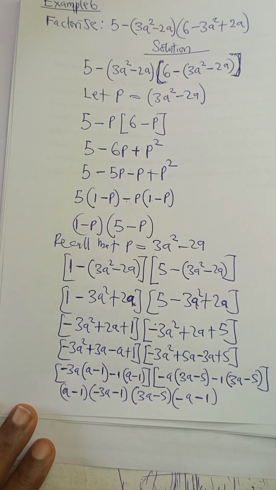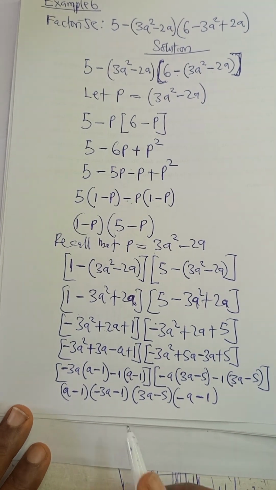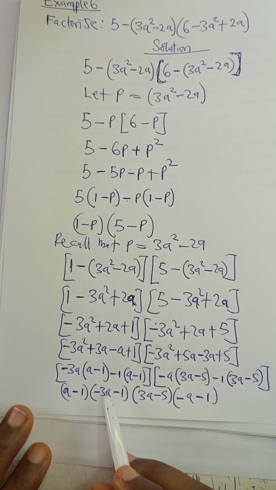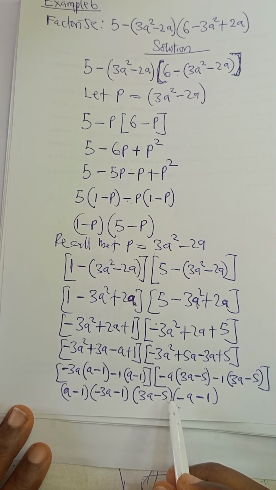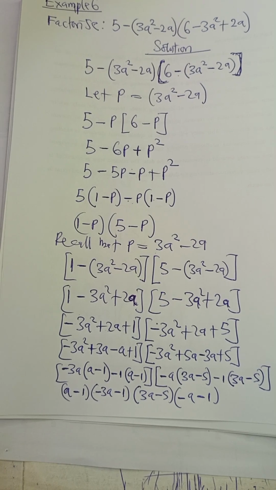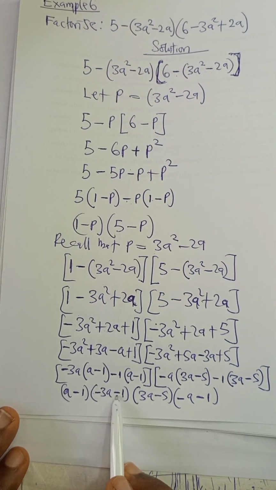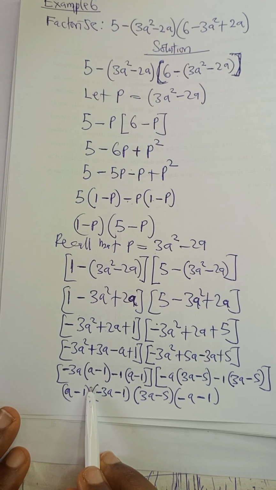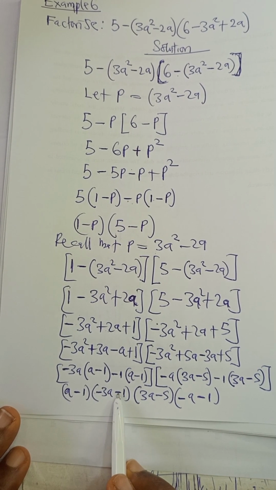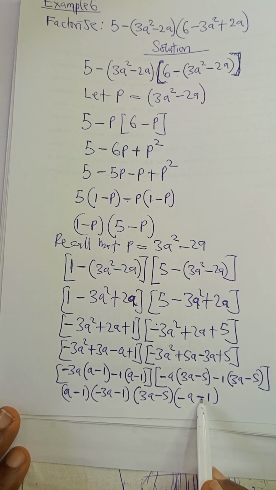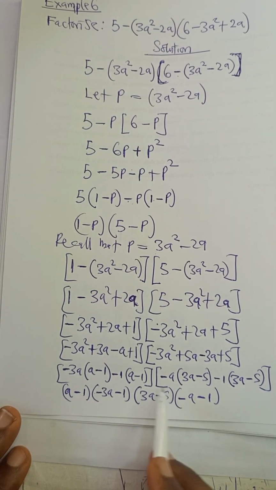Are you with me now? So if you bring out this minus outside, and bring out this minus outside, the two minus will interact with each other to give you plus. If you bring out this minus outside, here will be 3a plus 1. If you bring out this minus outside, here will be a plus 1. The minus times the minus will give you plus.